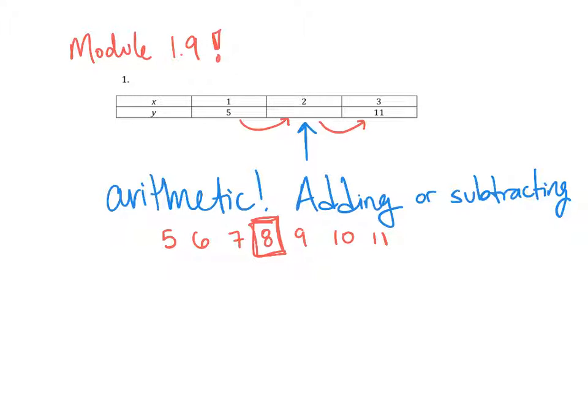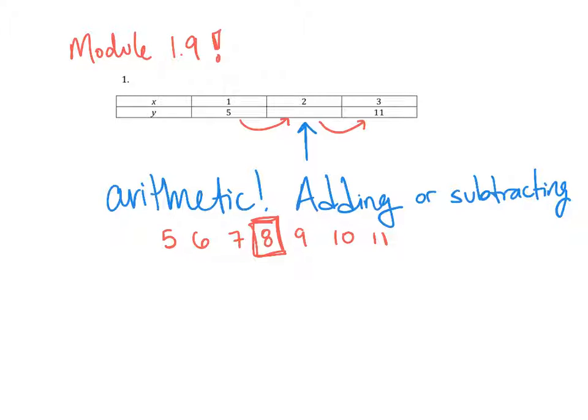But the problem is we are going to get to some sequences here before too long that are going to take a lot more writing than just 5 to 11. It might be like 5 to 600, and I don't want you to have to write out 595 numbers between 5 and 600. So let's think of another way that we might be able to do this.